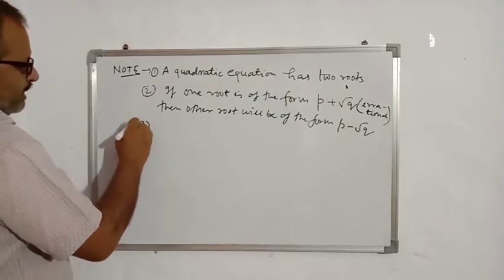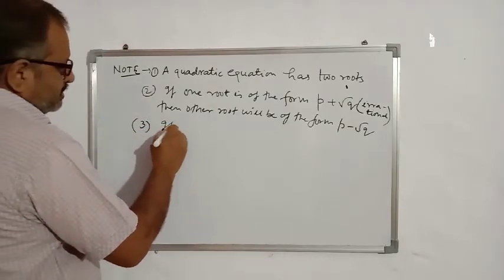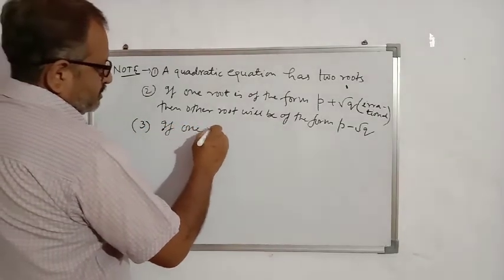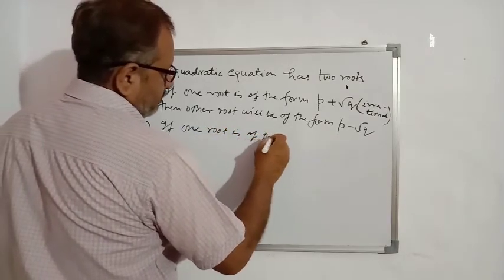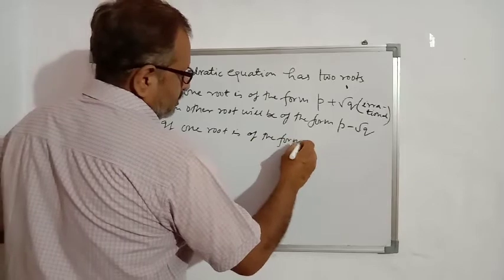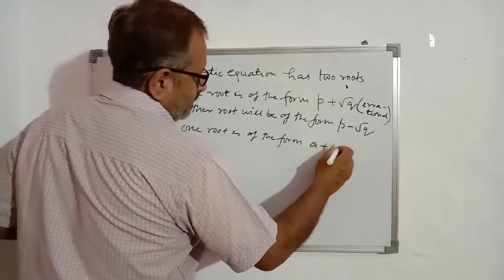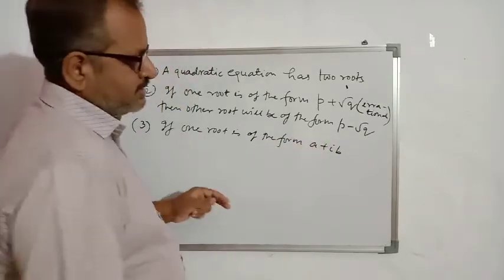See the third point. If one root is of the form a plus ib, a plus ib means complex number.